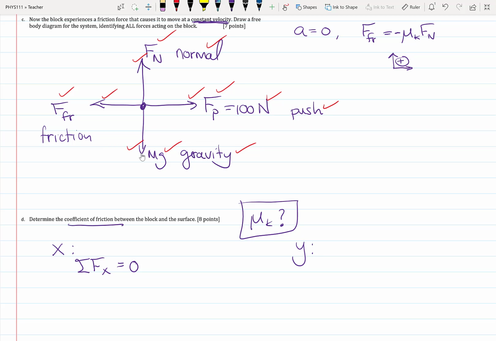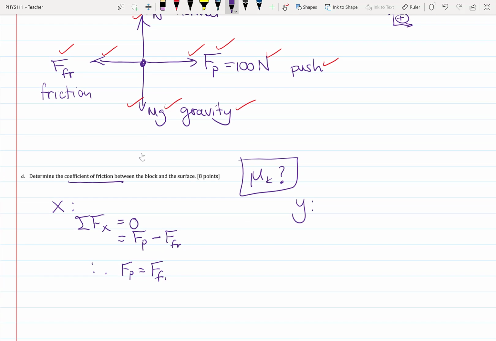Let's go ahead then and sum the forces in the x direction. That is equal to, let's see, the pull or push minus the frictional force. Therefore, Fp minus Fr equals 0. We have the push or pull force is equal to the frictional force. Well, that doesn't help us, does it?